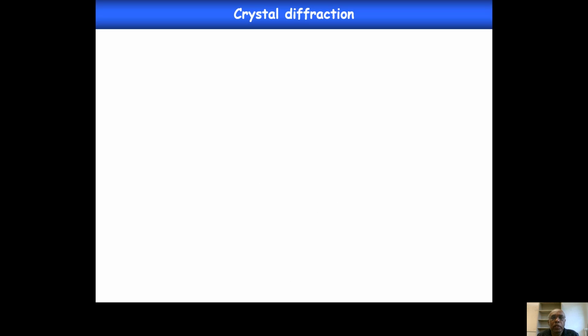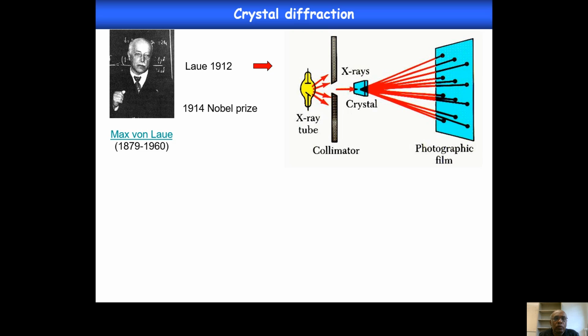When you talk about crystal diffraction, the whole activity started when Max von Laue discovered this diffraction phenomenon using X-rays in 1912, for which he won the Nobel Prize.